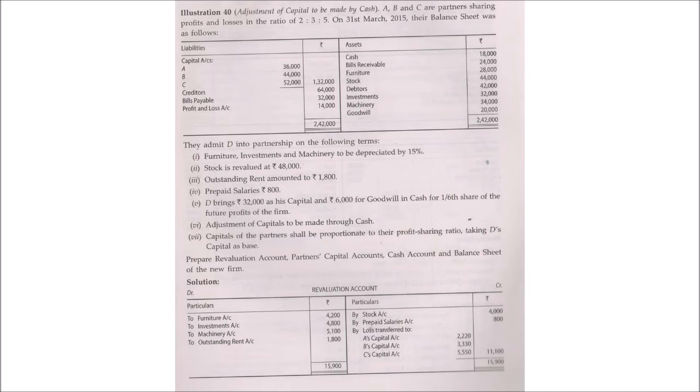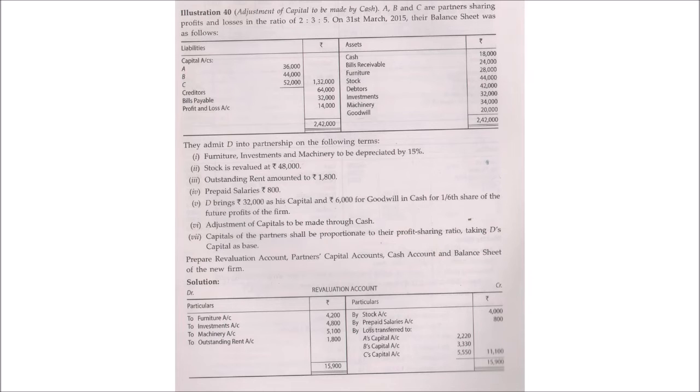Now we have 4 items on the debit side and 2 items on the credit side. Check which side is more. Surely debit side is more. The total of the amounts 4,800, 4,200, 5,100 and 1,800 is 15,900. This total we are transferring to the credit side of the revaluation account.